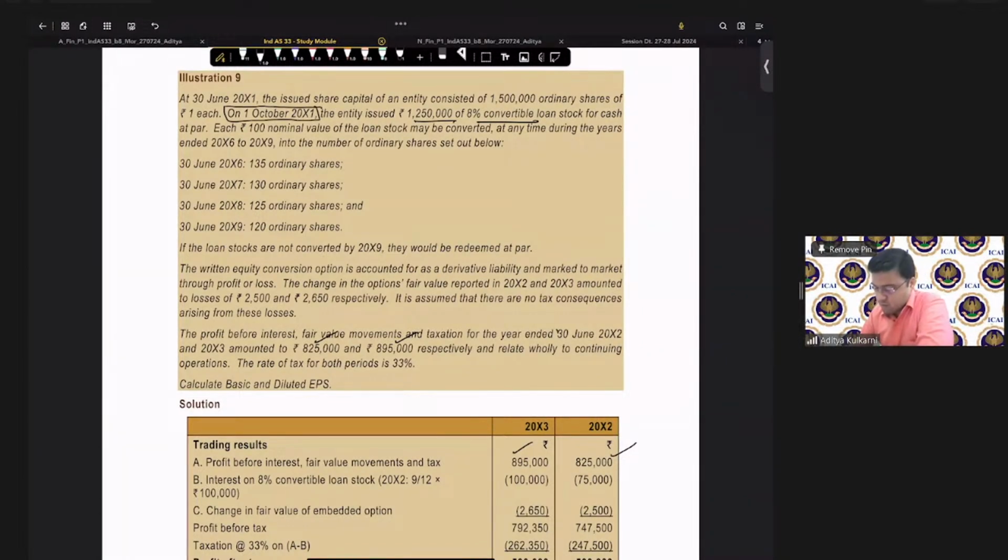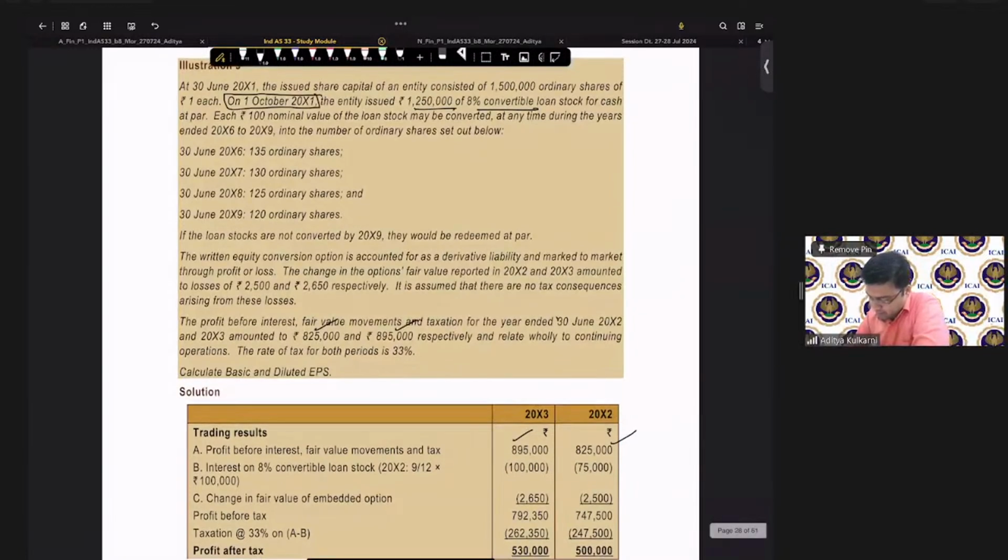The year end is 30th June. So October to June is a period of 9 months for the first year, and for the second year it was the entire year. So interest is deducted. Change in fair value of embedded option, they have already given: 2,500 for x2 and 2,650 for x3. So that comes to this figure.